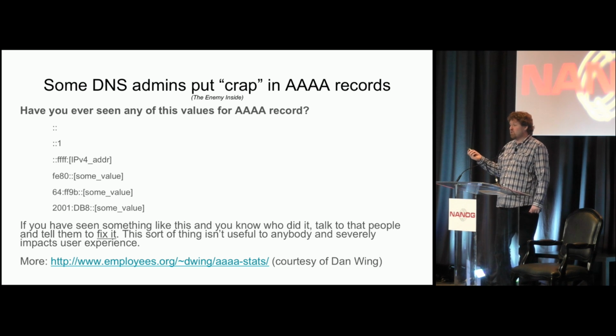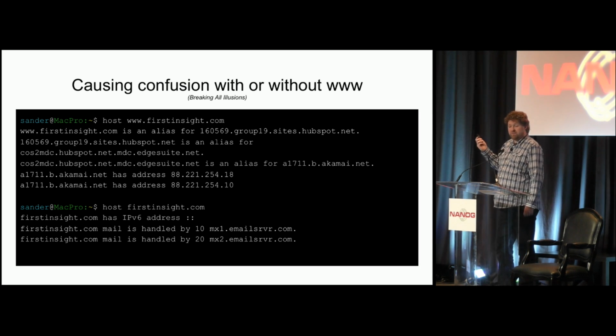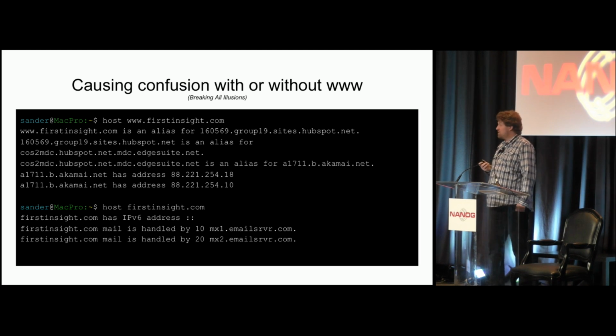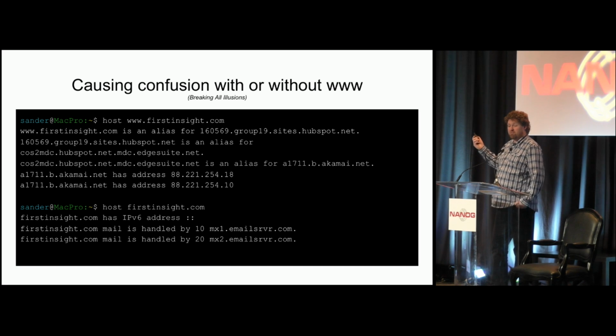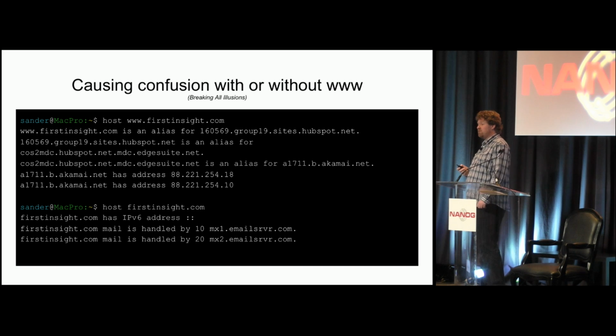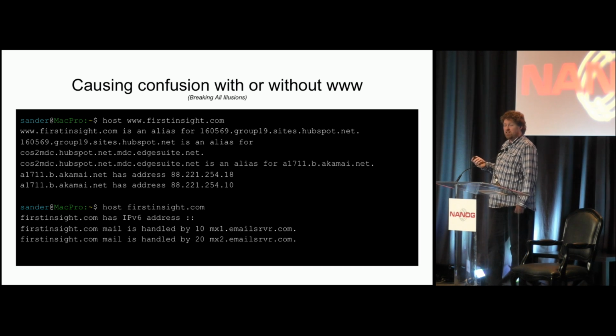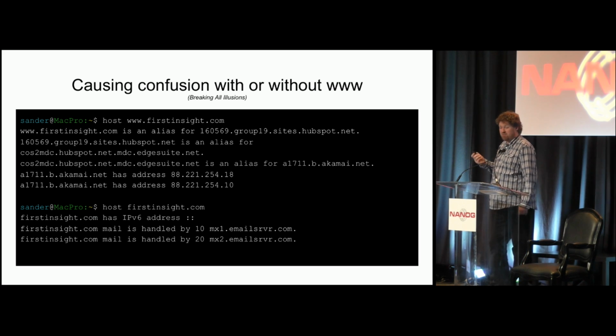For NAT64 networks, it is. So this is one example that's really confusing, because with www, you get proper v4 addresses. If you just type the domain name without www, you actually get the all-zeros v6 address, which makes no sense whatsoever. But this is stuff you can actually see in real life.